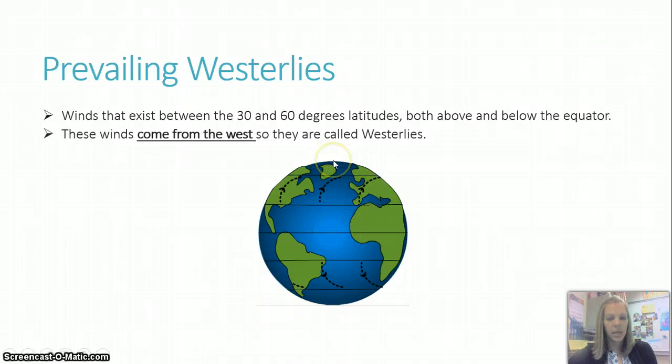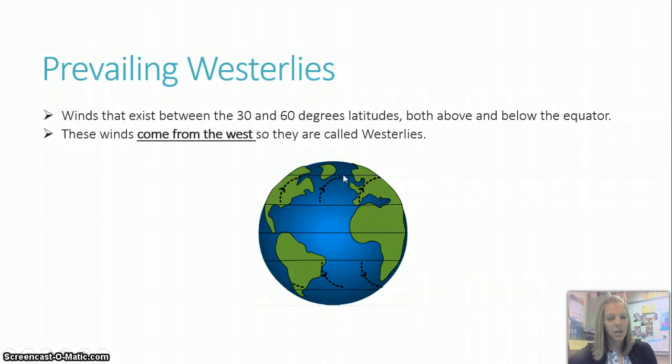Here what's happening is the high pressure is located at the pole, and then the low pressure is located at the 30 degrees line, and so the air is moving towards the equator here. But these are the opposite. They kind of lie in between, and the high pressure is actually here compared to the lower pressure here.